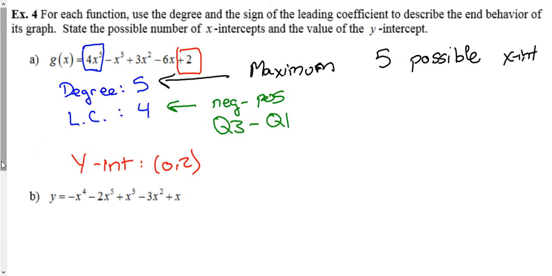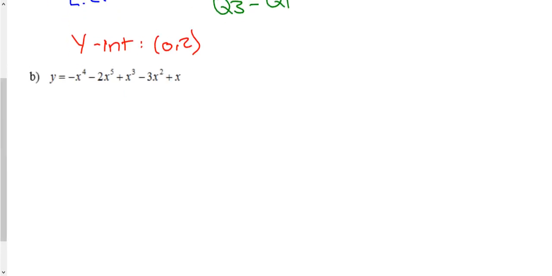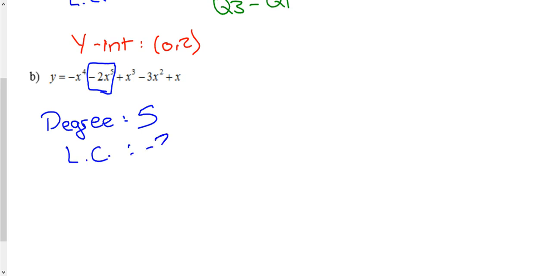On this next one here, again we're going to take a look at the leading coefficient. In this example, if you notice, degree 4, degree 5, this wasn't sorted properly, so even if it's not sorted properly, you still need to take the highest degree. So in this case, our degree is going to be degree 5 again, leading coefficient this time is a negative 2. So again, how many possible x-intercepts?